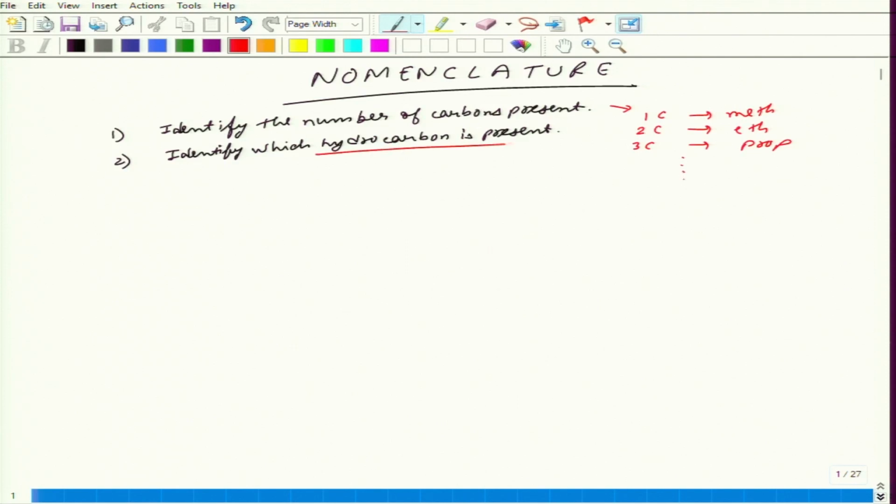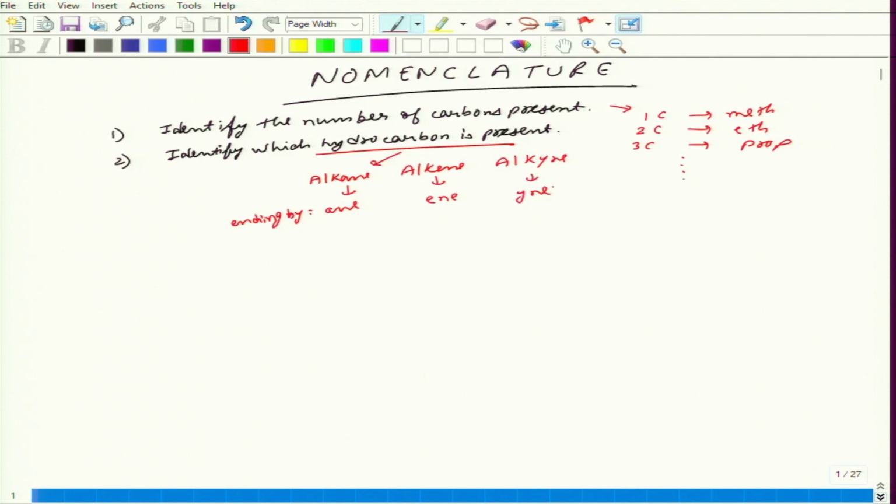Similarly, if the hydrocarbon is an alkane, the name will end with ane. If it is an alkene, the name will end with ene, and if it is an alkyne, it will end with yne.